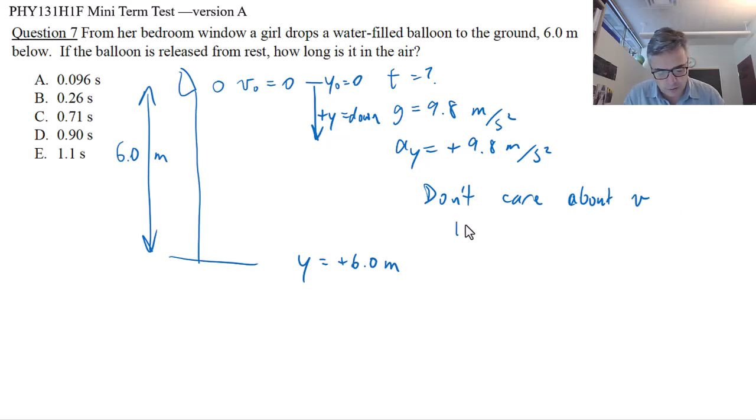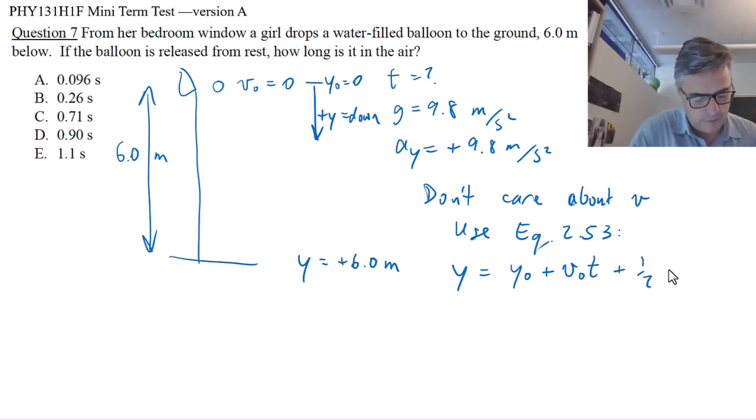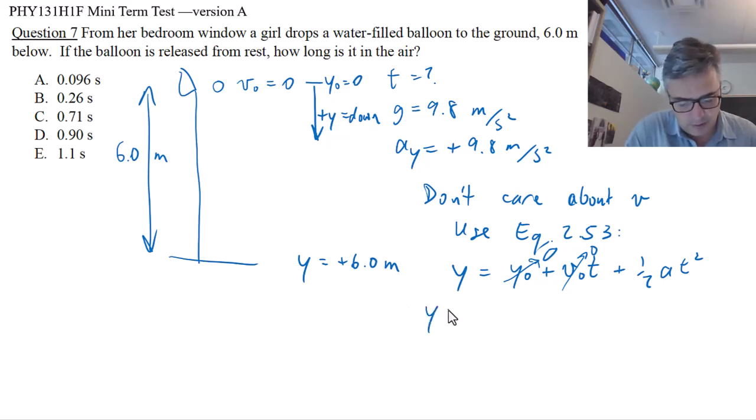So use the equation that doesn't contain v final, equation 2.53, which I'm going to convert to y's instead of x's: y0 plus v0t plus 1/2 a times t squared. We're defining y0 as 0. We've said that the thing starts from rest, so you just see there that y equals 1/2 g t squared. Solve for t.